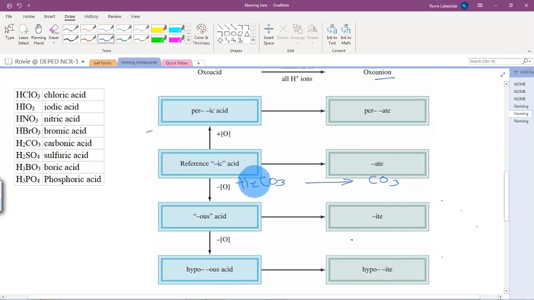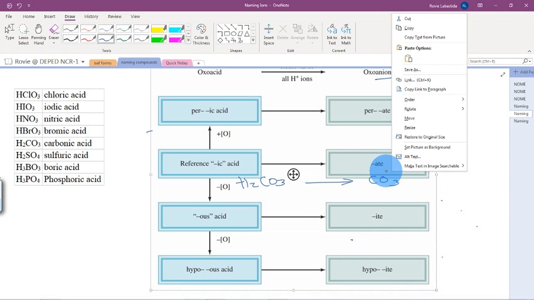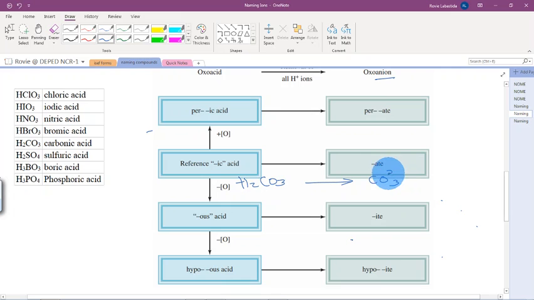But what will be the numerical value for that negative charge? So remember, we remove hydrogen atoms. So the number of hydrogen atoms that we remove also represents the net charge. So this will become 2 negative. So this is called carbonate.